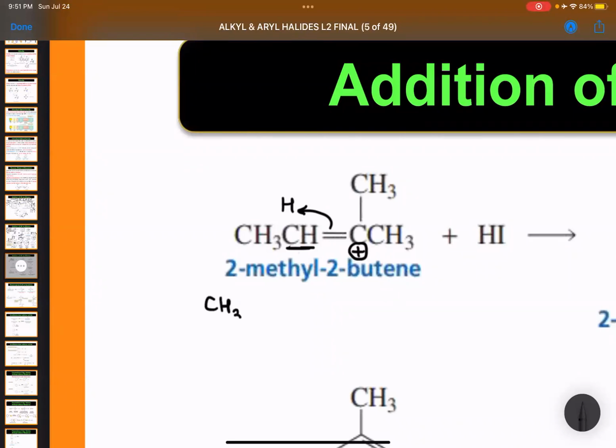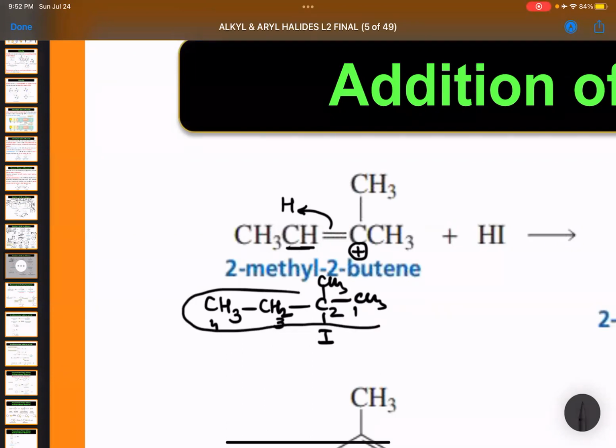And what is the IUPAC name of this product? Okay, so for the IUPAC name, you need to consider the main chain first. The longest continuous carbon chain is known as the parent chain. So it has 4 carbon atoms in the parent chain, and on the second carbon you have methyl and iodide connected.